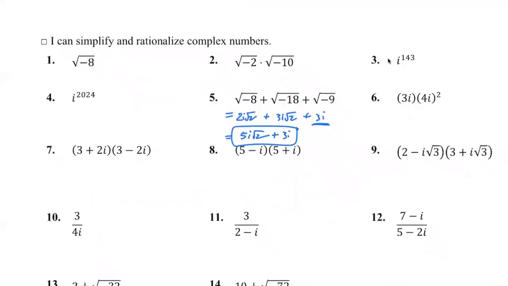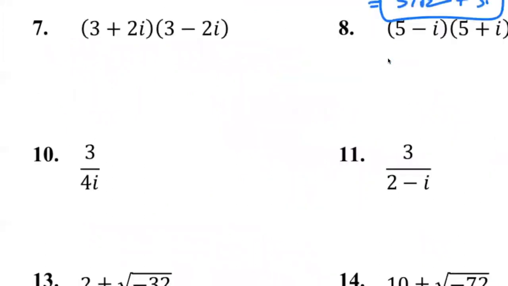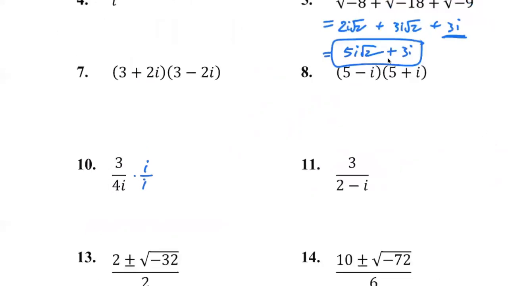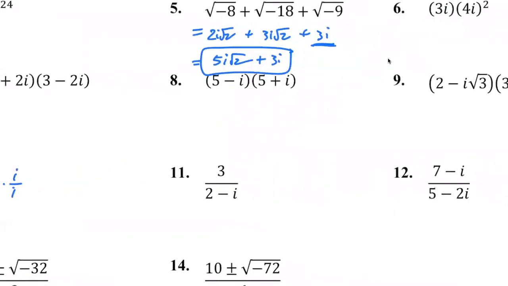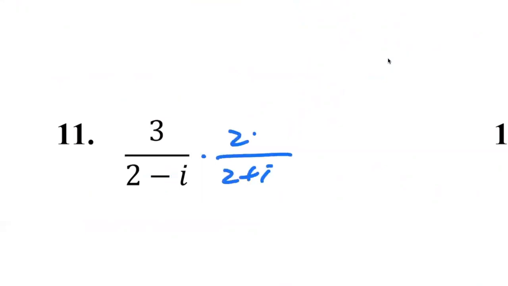All right, now, other things about complex numbers, the i thing. Just make sure that you know, like for number 10, you are only multiplying i over i. The 4 is not necessary because 4 is not the problem. The problem is the i. We want to get the i away, all right? And when you have things like this, please don't do i over i, because you have a minus right here. You've got to make use of the conjugate, multiplying by 2 plus i over 2 plus i.